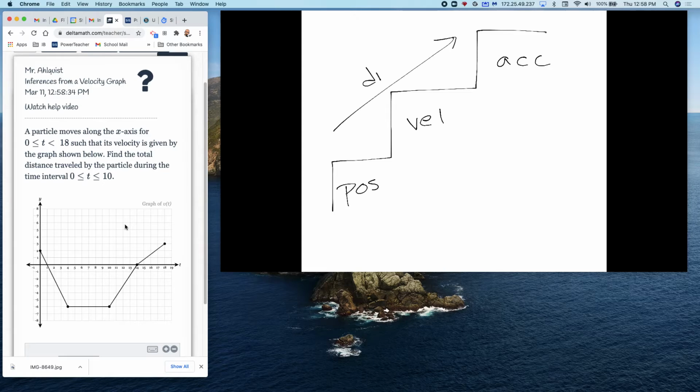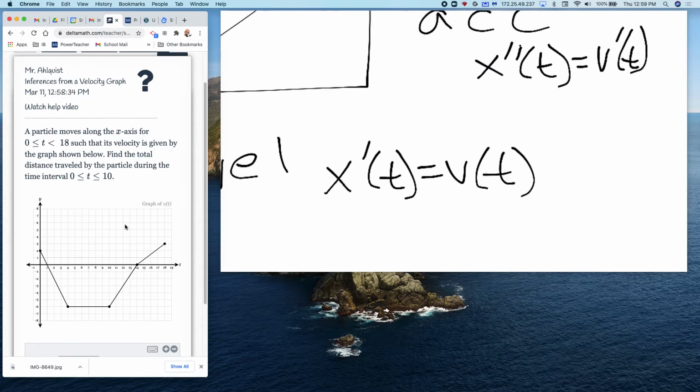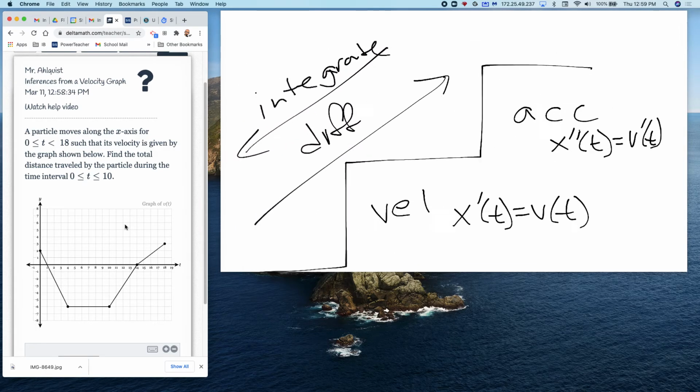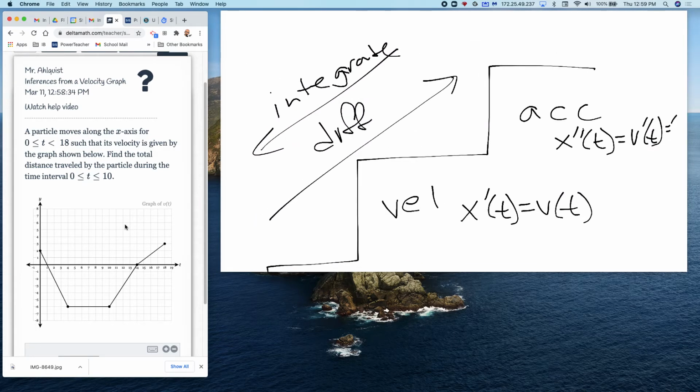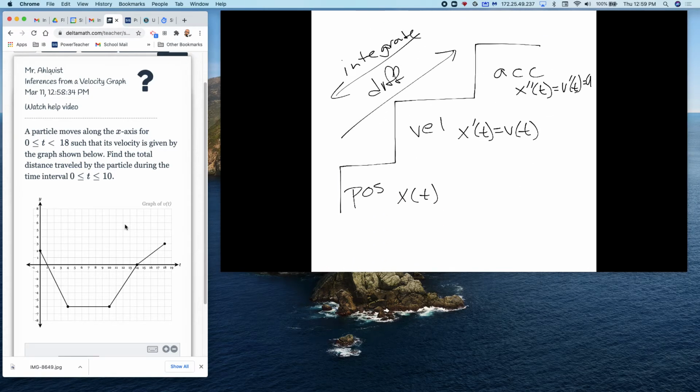We differentiate to go up, integrate to go down. So this is oftentimes x of t, this is x prime of t, which is equal to v of t. This is x double prime of t, which is equal to v prime of t, which is a of t. Okay, so just know that those steps stand in there.